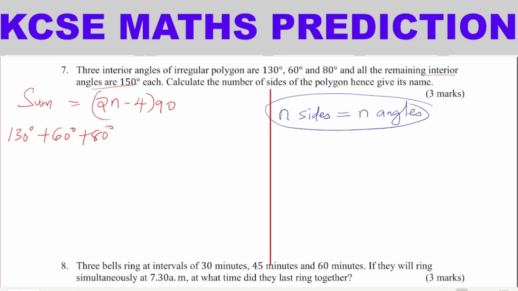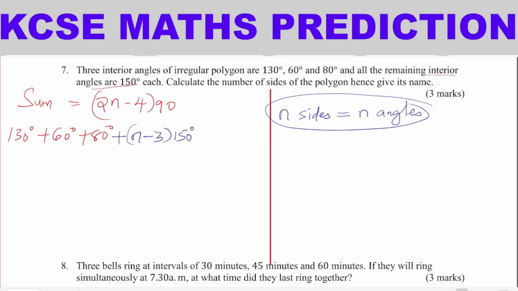So if you already have the three angles, 130 and 60 and 80, then for the remaining angles, if all the angles are n, and you already have three of them, we subtract 3. We are subtracting 3 because of these three, 130, 60, and 80, assuming that all the angles are n. So now all these remaining angles are represented by n subtract 3, and each one of them is 150.